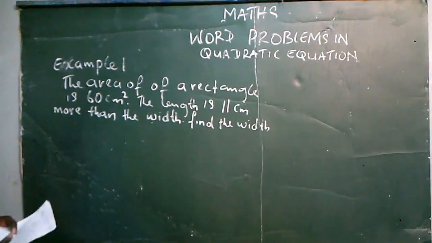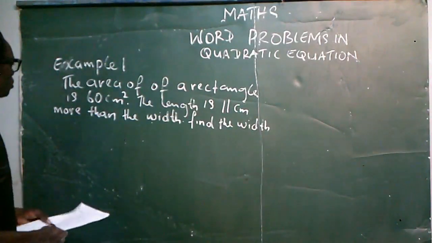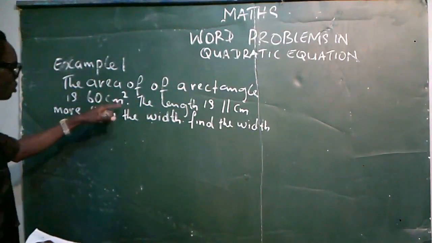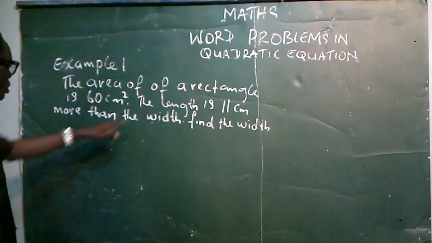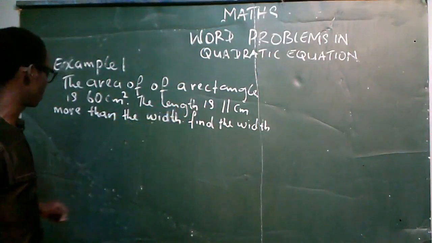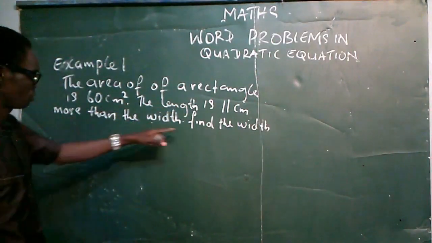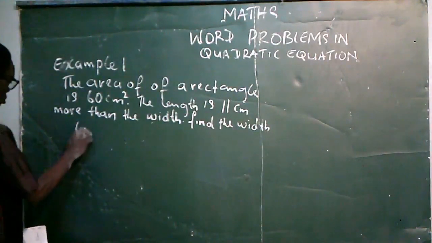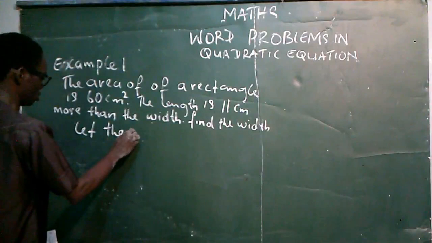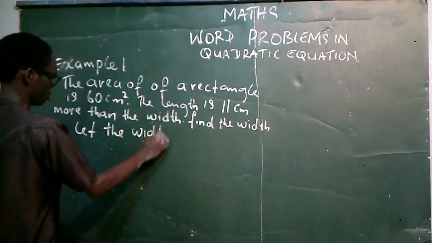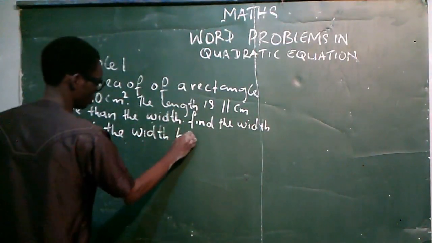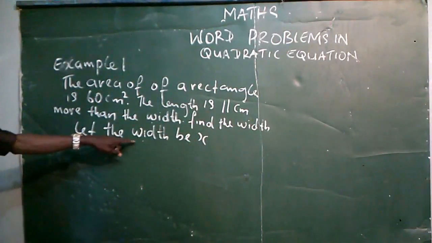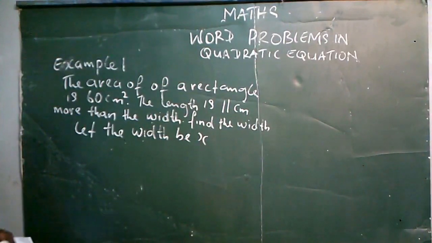So in order to tackle this: the area of a rectangle is 60 centimeters square, the length is 11 centimeters more than the width, find the width. Since we are looking for the width, we say let the width be x.